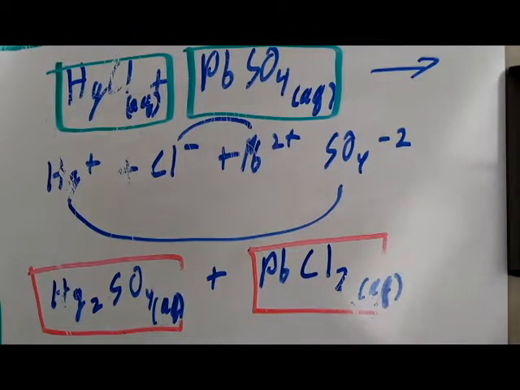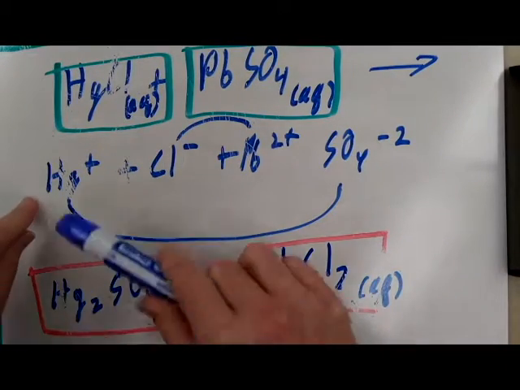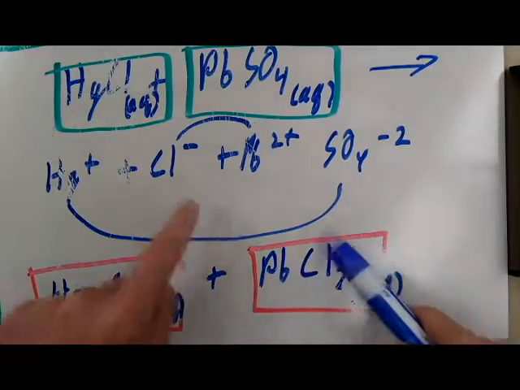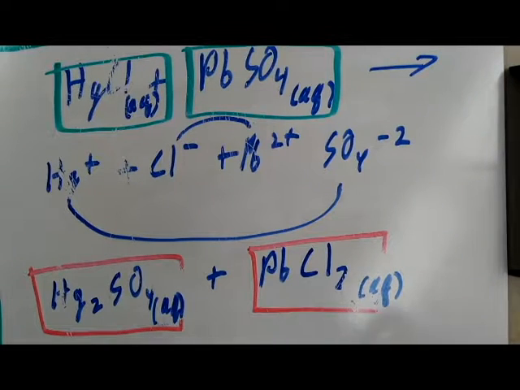Well, if both of these had been aqueous, we would have actually had mercury ions, and sulfate ions, and chloride ions, and lead ions. Nothing would have actually changed. So if you don't have some type of change of state for something in the solution, you did not have a reaction. In order to have a reaction, you must have a solid, liquid, or gas come out of solution.